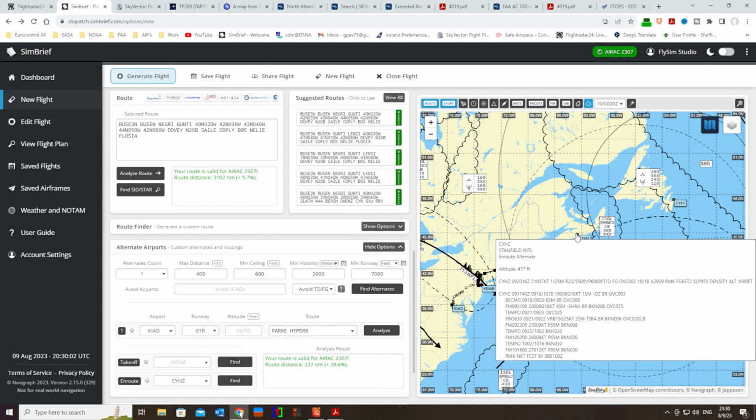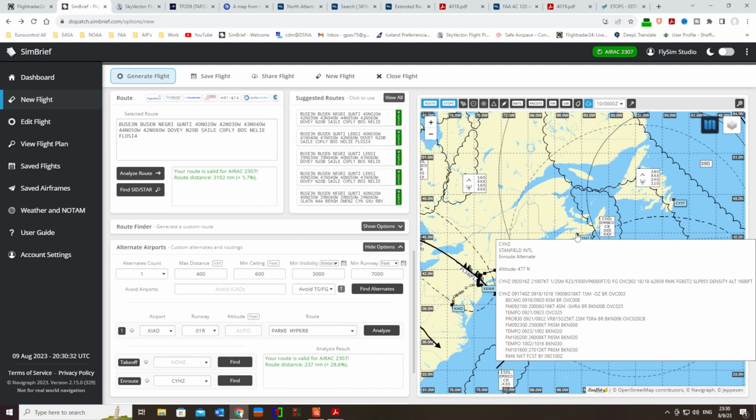The weather for that airport doesn't look that bad. Broken at 600, overcast 2000, CBs, 2300 now. 6,000. No, it's not bad actually. We have only broken at 3000.